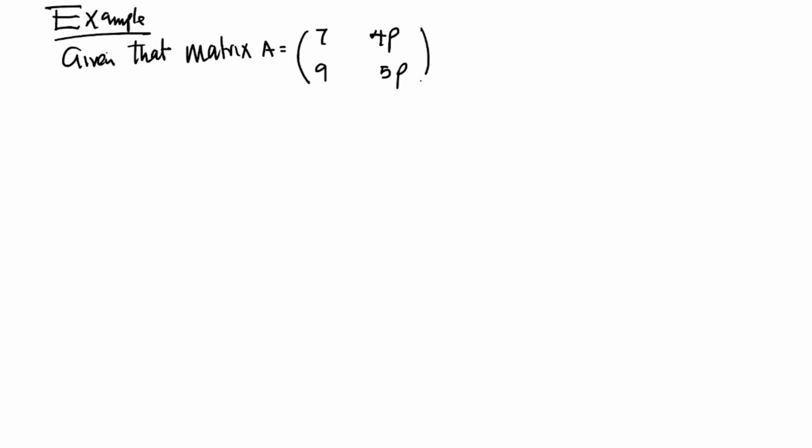Example. So given that matrix A is equal to 7, 4p, then 9, then 5p.